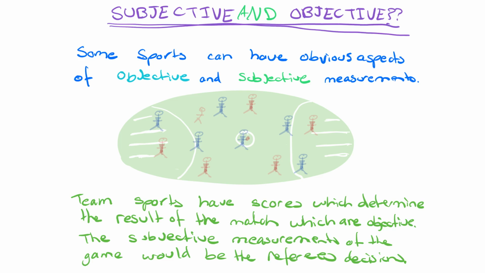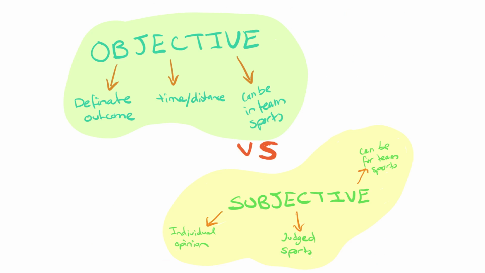For example, if we're playing AFL, if a team scores 6 goals versus 7 goals, the team with 7 goals is the winner, and that's a very objective case there. But the subjective measurements of the game would be the referee's decisions which contribute to these goals. So there's a very objective side of it, and there's also a subjective element that's going to play a part in the final outcome.